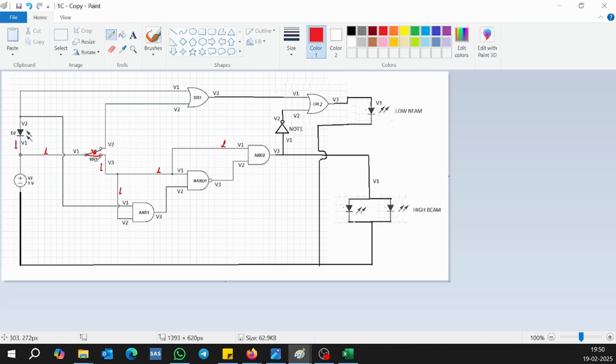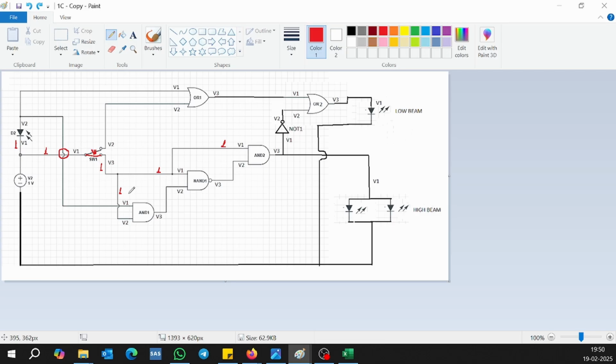Wherever you see a loop like this, that means the wires are not intersecting. They are just going on top of each other but not intersecting.